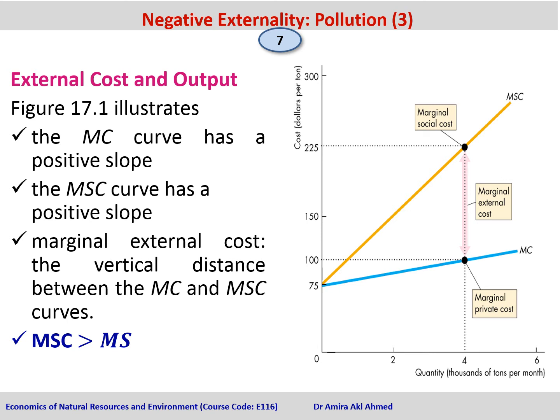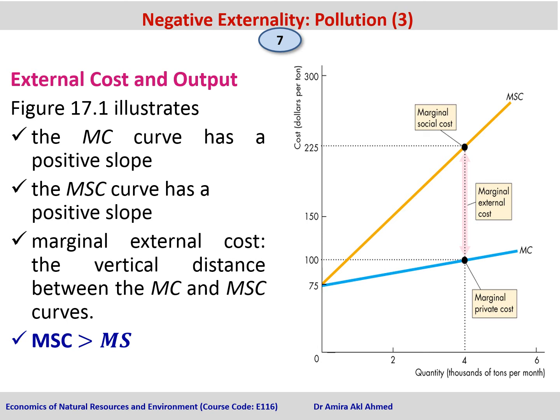If the firms dump waste into a river, they impose an external cost on other users of the river. Here, we will assume that the marginal external cost increases with the amount of the chemical produced. MSC is the marginal social cost curve.